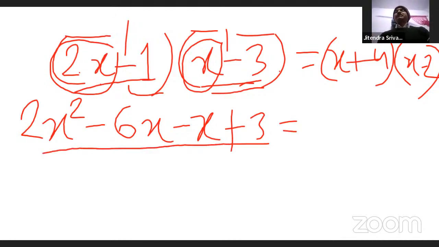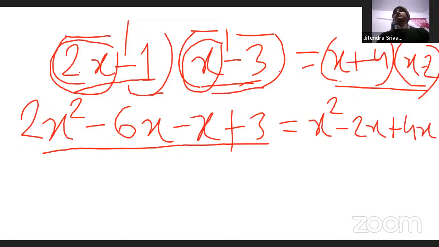Now we will multiply x with x minus 2. So x square minus 2x. Now we will multiply plus 4 with x minus 2. So it will be 4x, and plus minus will be minus, 4 2s are 8. So we have got two equations. One is this and the other is this one.